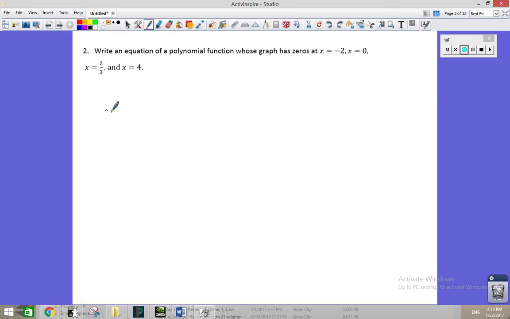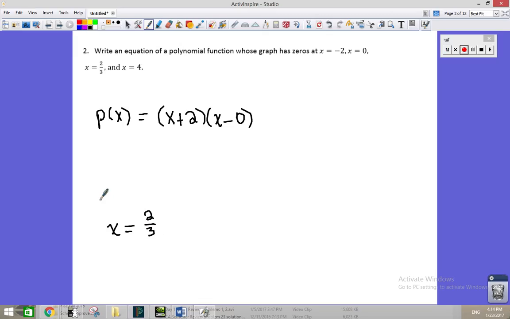Let's move on to problem number 2. Now, here in factored form, that's x plus 2. Here this is just x minus 0, which is just going to be x. Now the 2/3. They do want us to recognize that if x were equal to 2/3, let's go backwards.